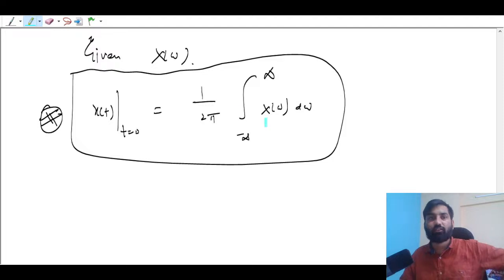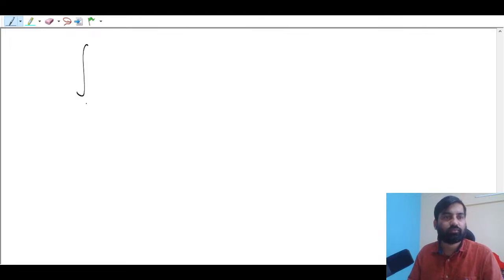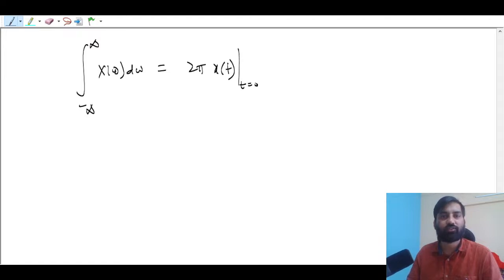If you are in omega form, so 1 by 2 pi has to be multiplied as well. ठीक है. तो एग्जाम में क्या पूछा जा रहा है आपको समझना है. ठीक है. मान लो आपसे पूछा जाता है कि what is the integral from minus infinity to infinity of X of omega d omega. So what are they asking? They are asking the area under the spectrum, right? So it will be equal to 2 pi x of t at t equal to 0. ठीक है.